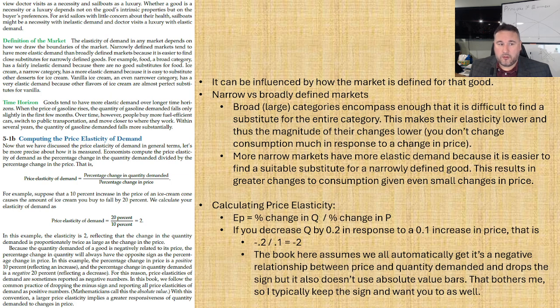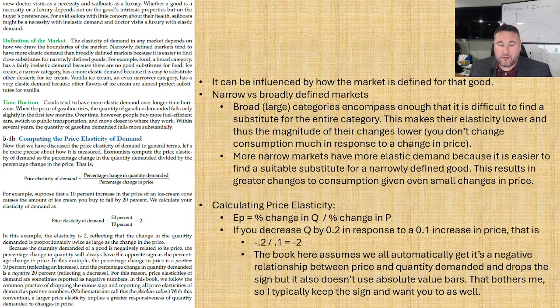So broad or large categories encompass enough that it's difficult to find a substitute for the entire category, like food. This makes the elasticity lower, and thus the magnitude of the change is going to be lower. You're not going to respond with as much change. But more narrowly defined markets have more elastic demand because it is easier to find a suitable substitute for a more narrowly defined good.